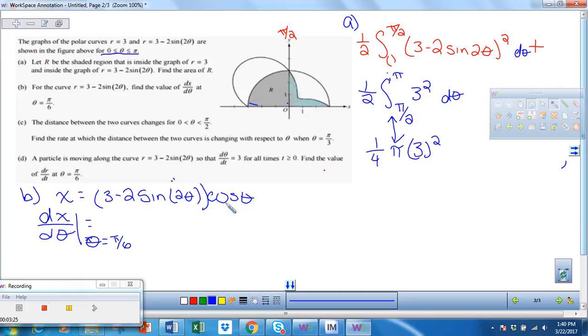Then go to the main screen and just take the derivative of y1, evaluating it at pi over 6. And I got negative 2.366. Okay?